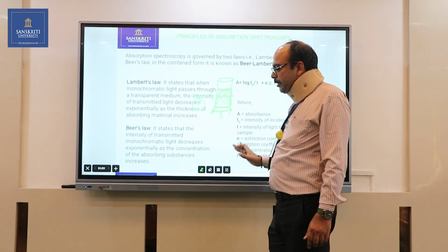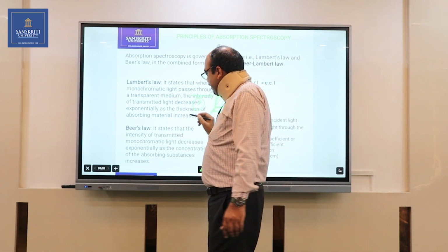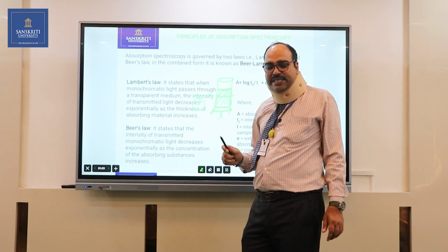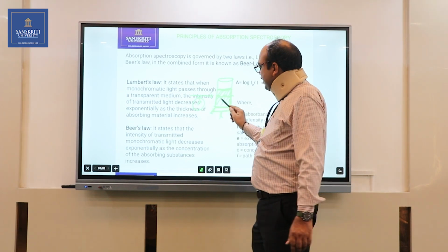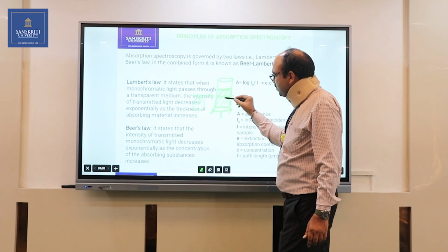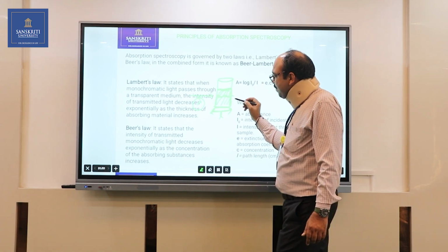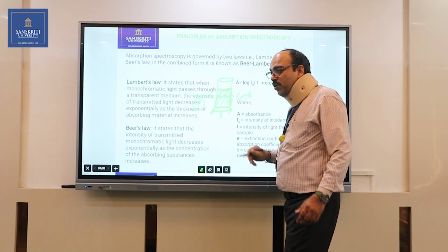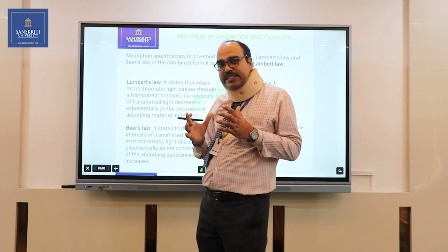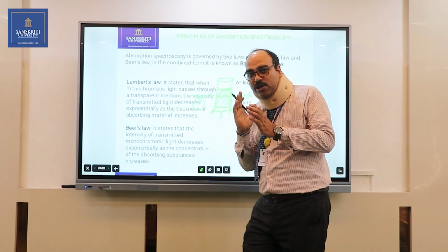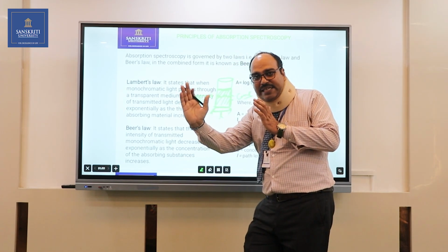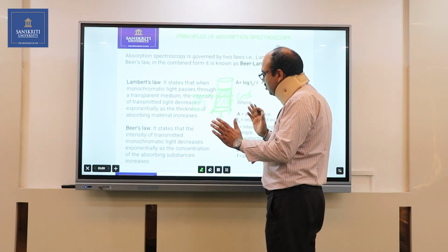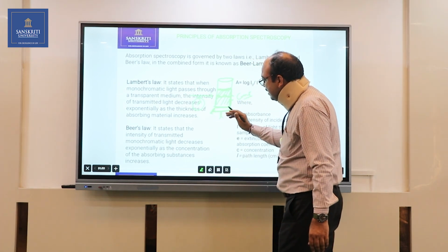That is Lambert's law. Beer followed the same idea: thickness is responsible for the decrease in intensity, but so is the concentration of the material. If you increase the molecules within the solution, the path length as well as the concentration also decrease the intensity of the radiation.